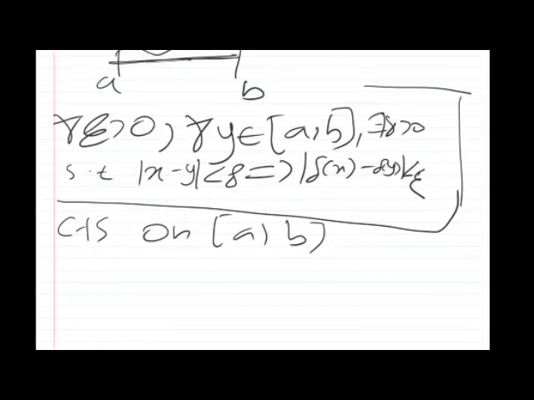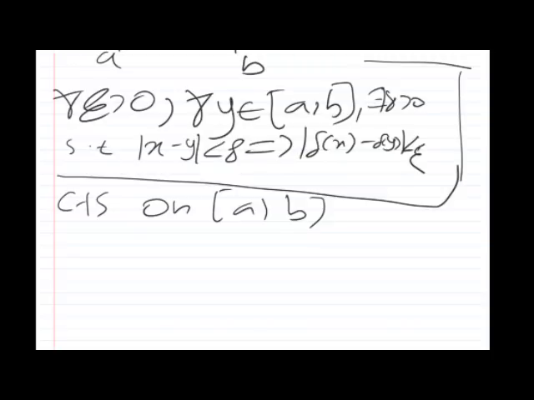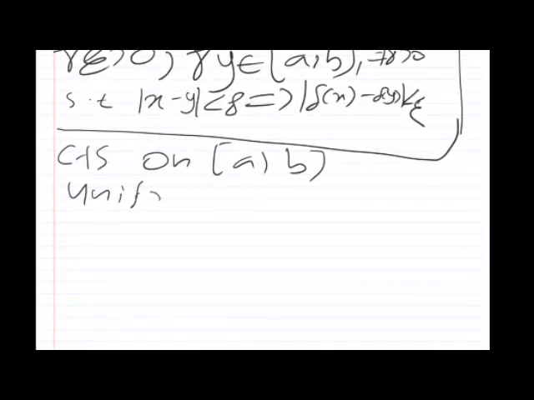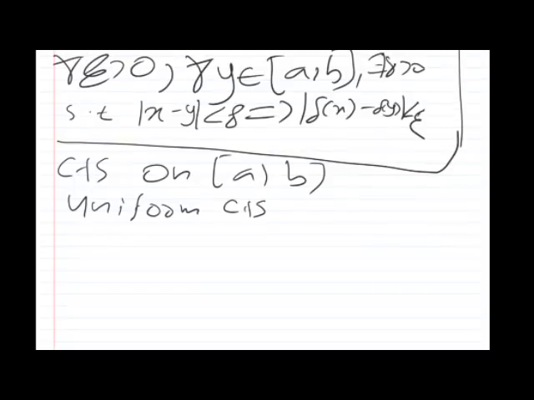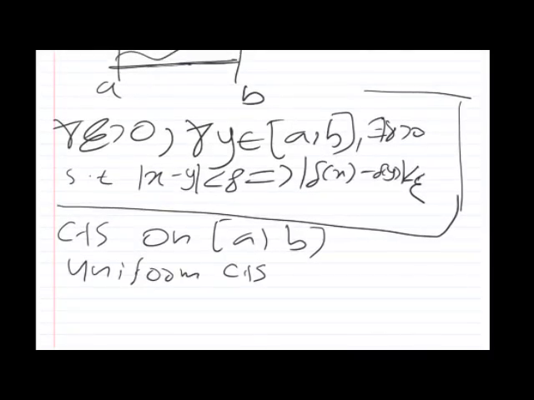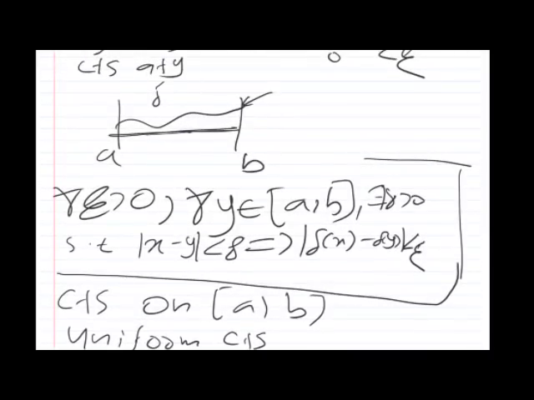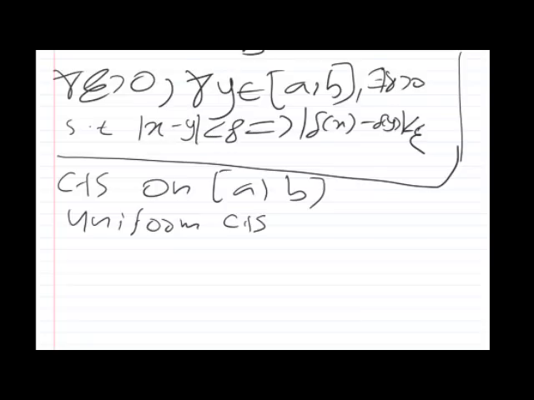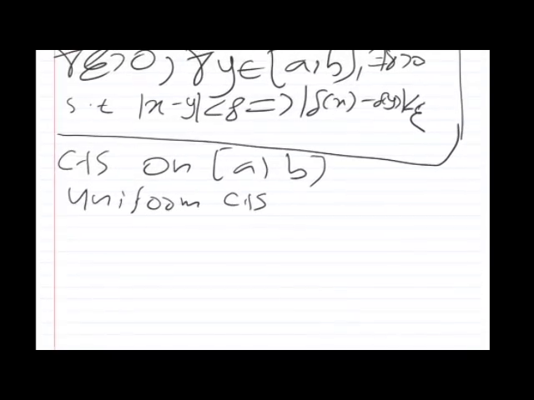Now there is a special case called uniform continuity. Uniform continuity is a slightly different story. In the previous definition, we can have a different delta for different x values in this interval. But the uniform continuity statement is something like that.